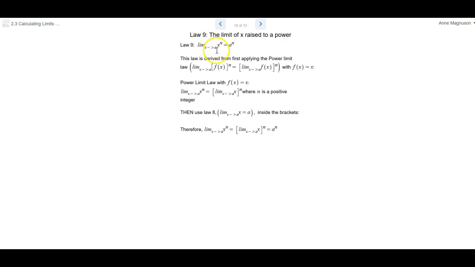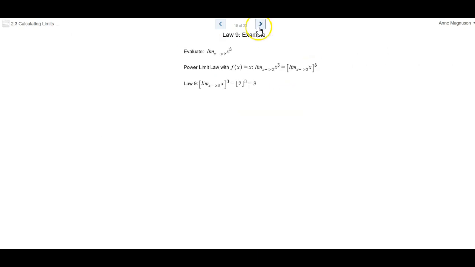So the next law tells us that the limit as x approaches a of x to the n is just a to the n. And that we can derive by using that power limit law that we saw in law 6, I believe it was, with the identity function f of x equals x. Looking at examples is always a little bit better.